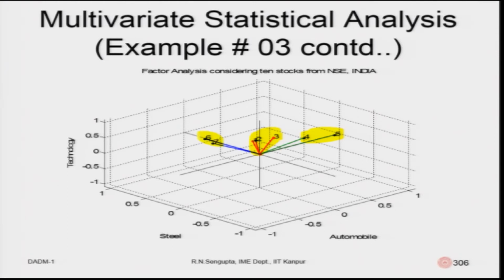The last 2 stocks, TCS and Infosys, move in this direction. They are not orthogonal, but obviously their co-movements are similar. Whether you compare 6, 7 amongst them, or 1, 2, 3 against them, or 4, 5 against them, they move in the same direction.